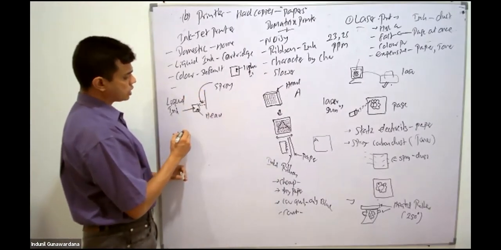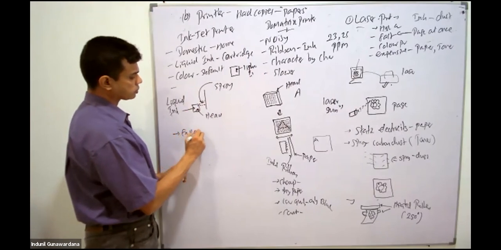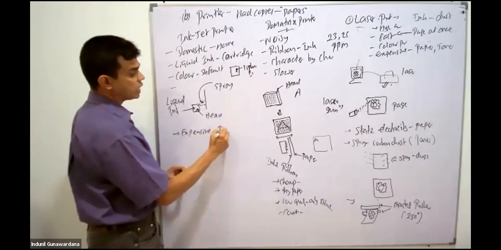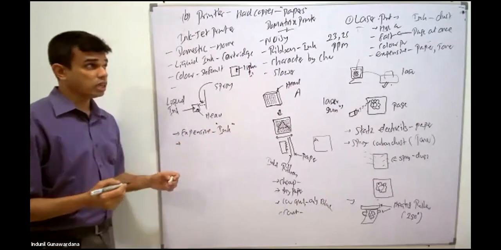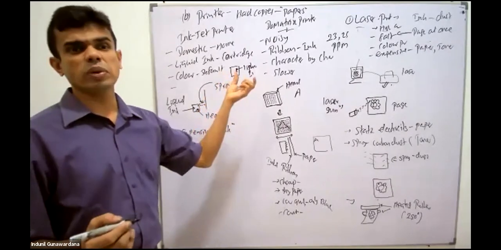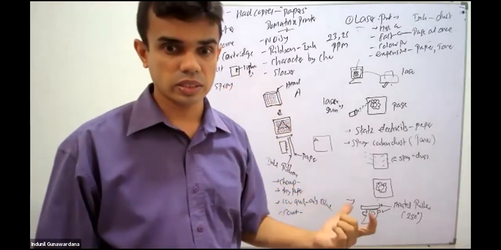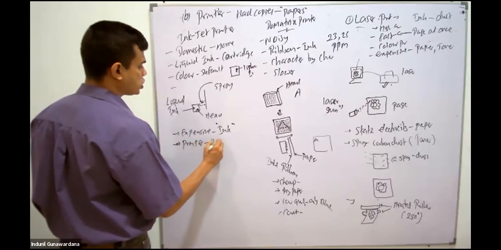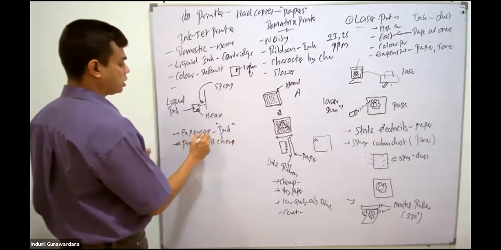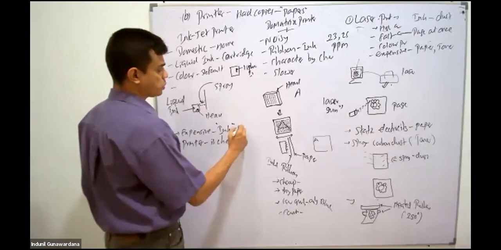The other thing is, this is quite expensive to print. The reason is ink is expensive. That's the main point. And it consumes more ink from a cartridge. We can't print a large number of pages with it. The printer is quite cheap, but ink and the printing are expensive.